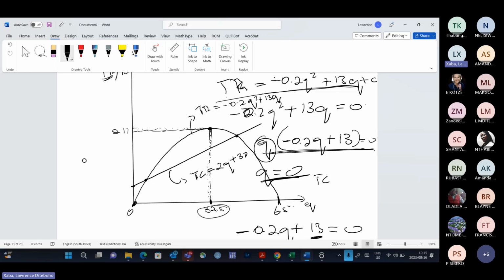Or maybe we can be given a graph of total revenue, the quadratic equation, and you're supposed to find the turning point, you see.